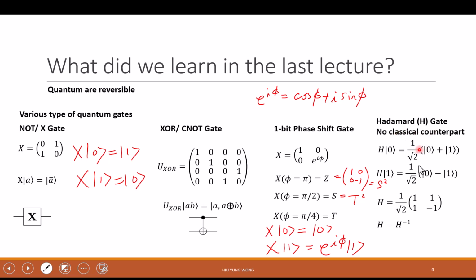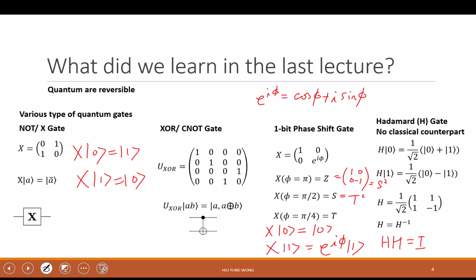But what is special is that it has superposition and it also has entanglement, and that is what makes it so powerful. So the Hadamard gate helps us form superposition, and this is the matrix. A very special thing about the Hadamard gate is that it is its own inverse. In other words, H times H equals the identity gate. This is sometimes useful to simplify a quantum circuit.